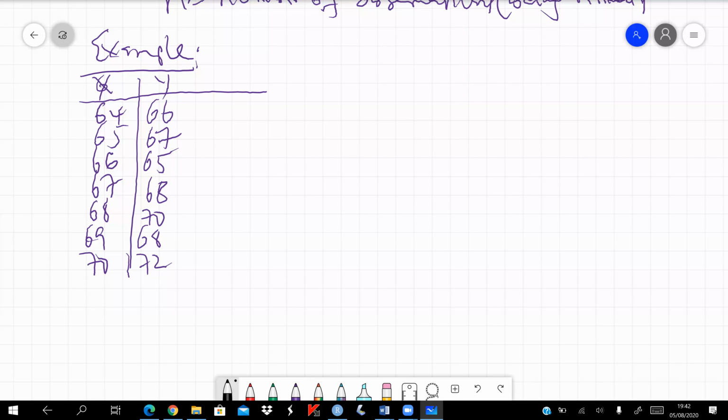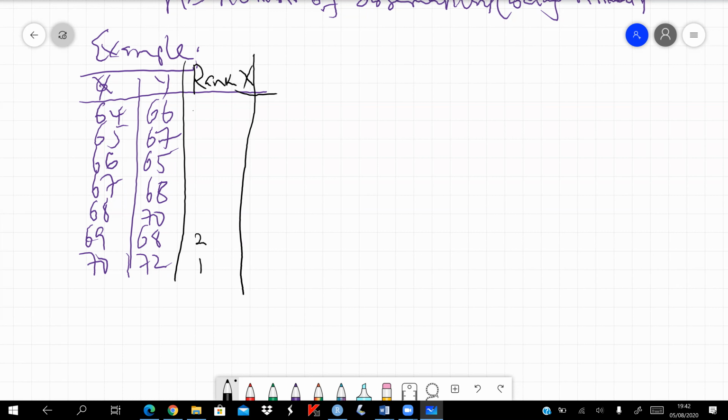So here you start by ranking the values according to each of the variables. So let's rank X. I prefer to rank with the highest value getting rank number 1 or position number 1. So for the X variable, this would be my number 1, number 2.